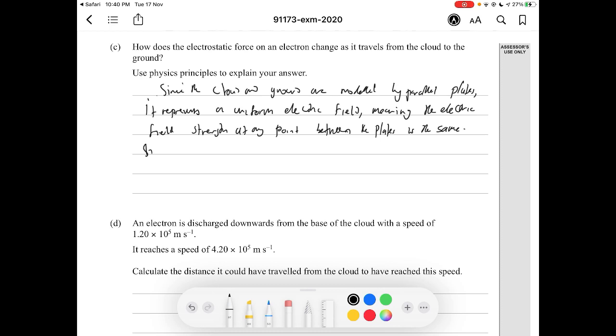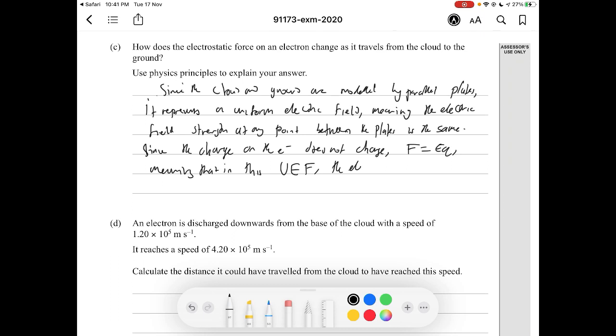So you can say, since the charge on the electron does not change, F equals EQ, meaning that in this uniform electric field, the electric force experienced at any point will be constant.